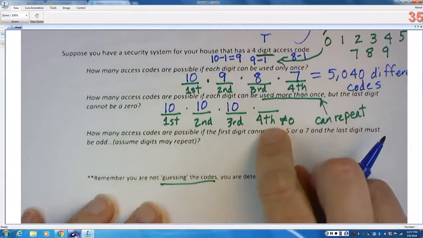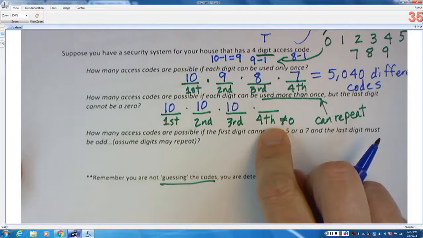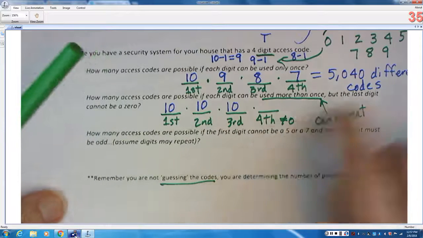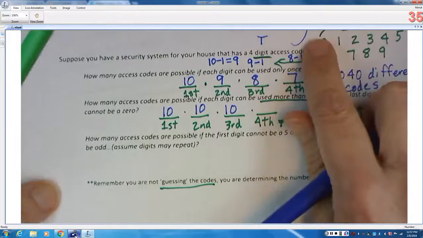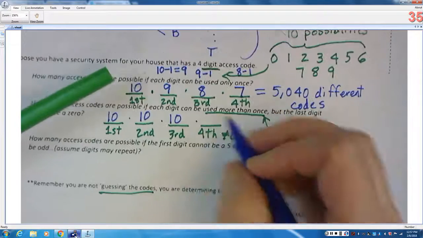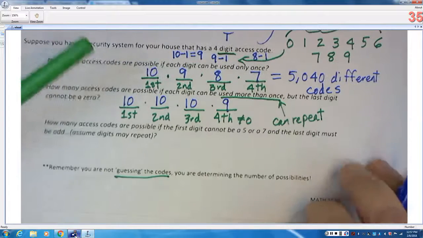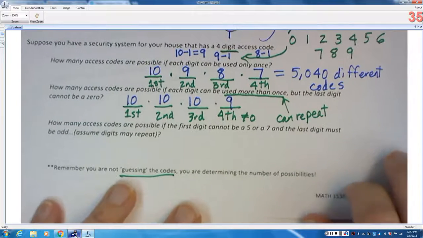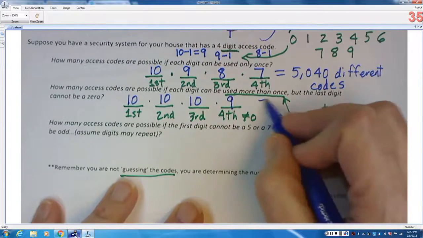This last digit can't be a 0, so we do 10 minus 1. You take the 0 out of there, you're left with 9 possibilities. Then you multiply that out, and you get 9,000 different codes.